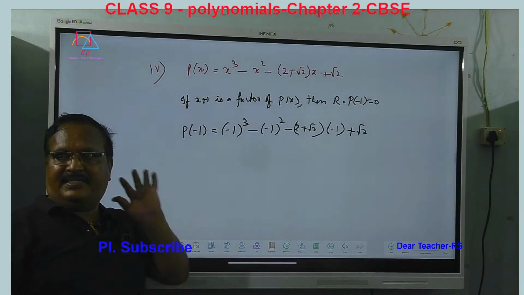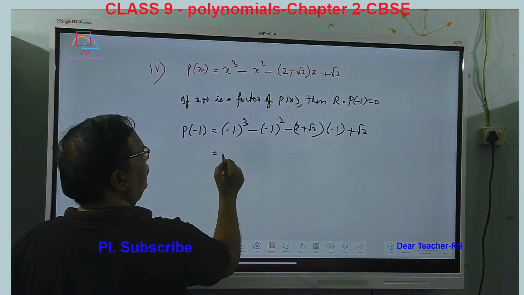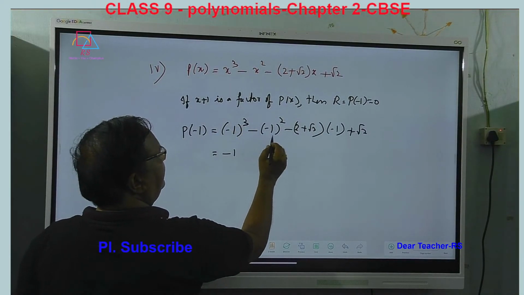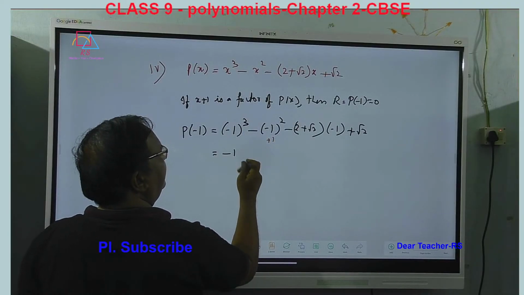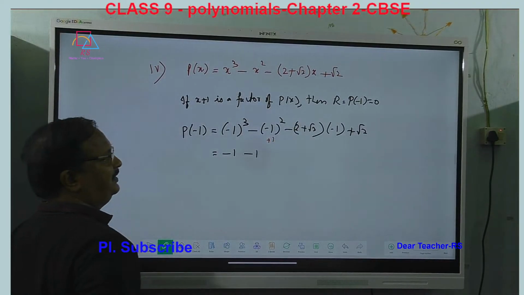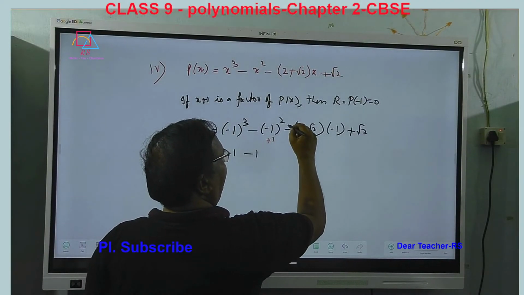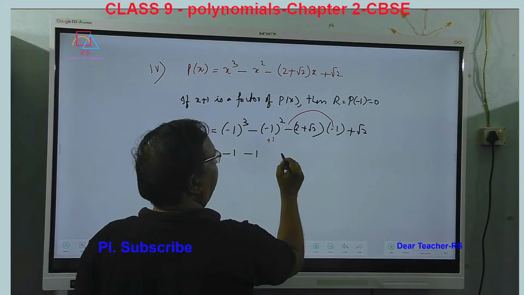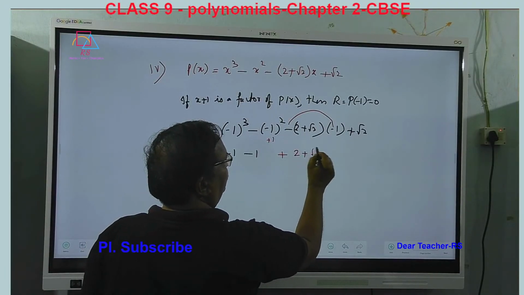I replaced it. So then what happens? Minus 1 whole cube is minus 1. Minus 1 whole square is plus 1. Minus into plus is minus. So here minus into minus, I will multiply this one first: 2 plus root 2 into 1, 2 plus root 2.